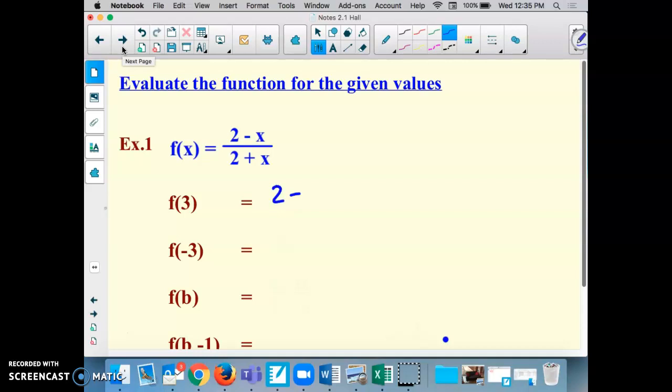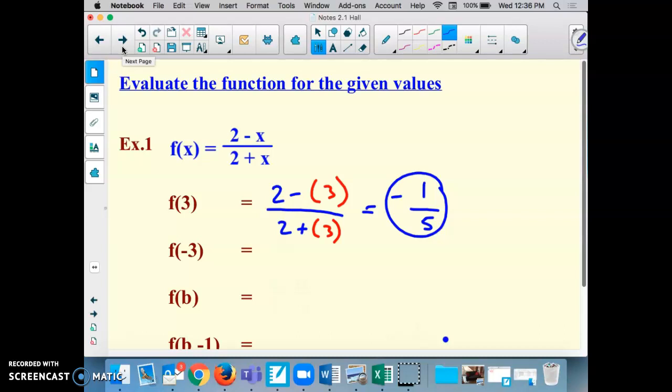So we have 2 minus, in the place of x, I'm going to put in 3, divided by 2 plus, again in the place of x, 3. Then let's just clean it up. On top, I have 2 minus 3, which is -1. On the bottom, I have 2 plus 3, which is 5. Final answer.